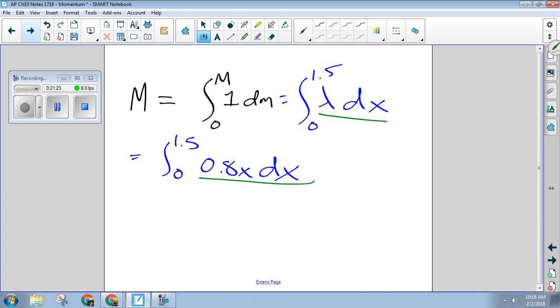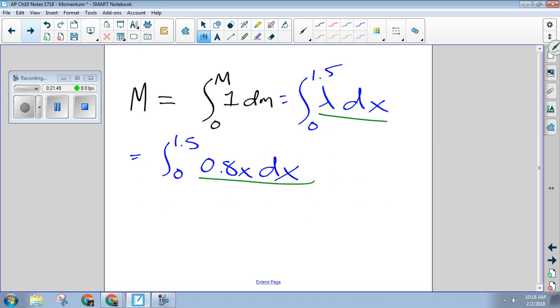How did we get from integrating from 0 to m to 0 to 1.5? The idea is, when you integrate with respect to mass, you're starting at a mass of 0 and working your way across until you've accumulated the mass of the whole thing.